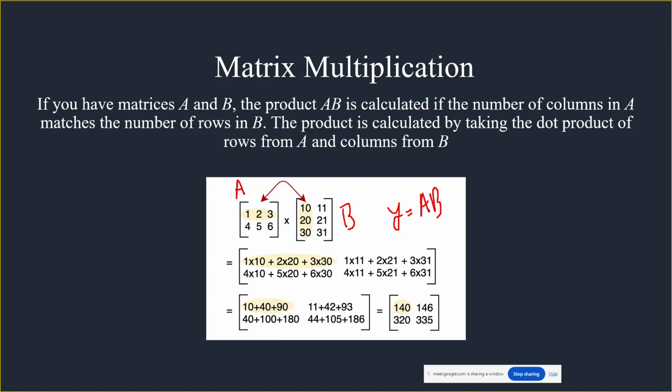The product AB is calculated if the number of columns in A matches the number of rows in B. We need to see it carefully. If our matrix A's number of columns matches the number of rows of matrix B, then we can multiply these matrices.